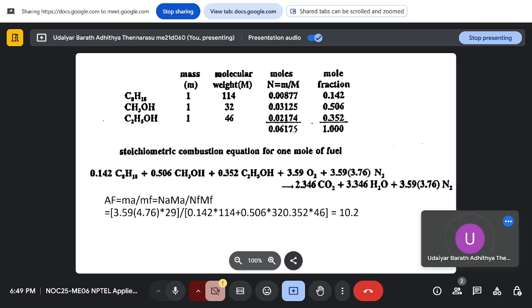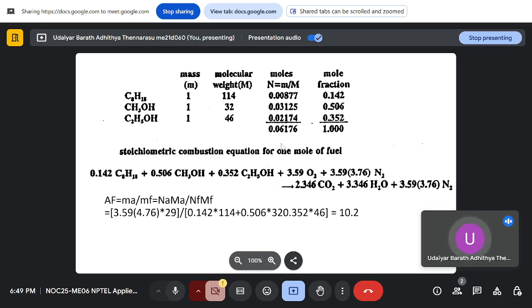Next we'll find the mole fraction, that is, if we consider 1 mole of fuel, how many moles of each it will contain. First is octane: 0.00877 divided by 0.06176 gives you 0.142, and similarly methanol is 0.506 and ethanol is 0.352. You see them adding up to 1.